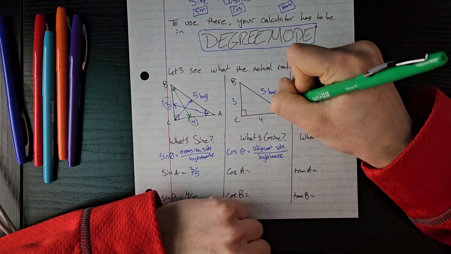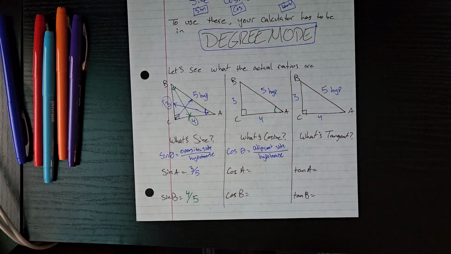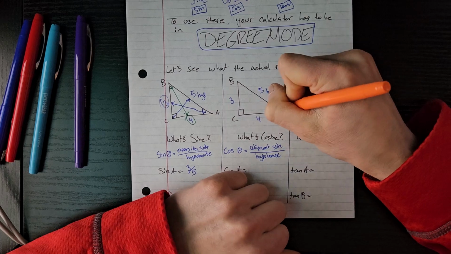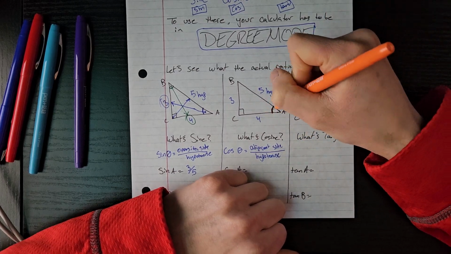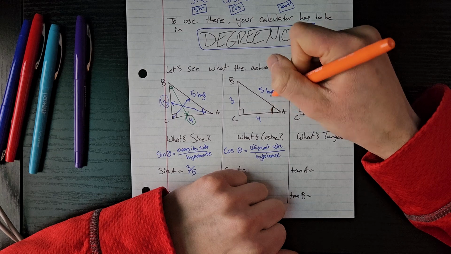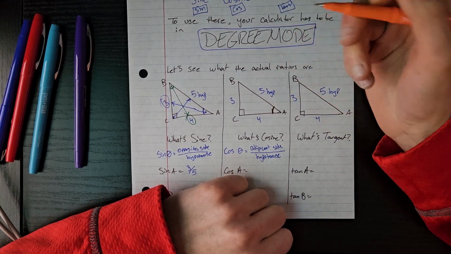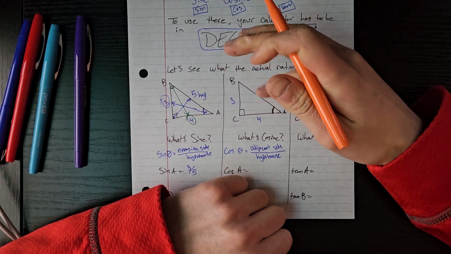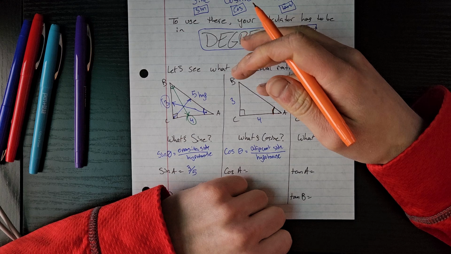And looking at angle A. Oh, I meant to use a different color, not green. I want to use green for B. Let's use orange. Just scribble over. Looking at angle A, we see the hypotenuse is right next to angle A. But since it's already labeled as the hypotenuse and it's the biggest side, this isn't going to be our adjacent side.